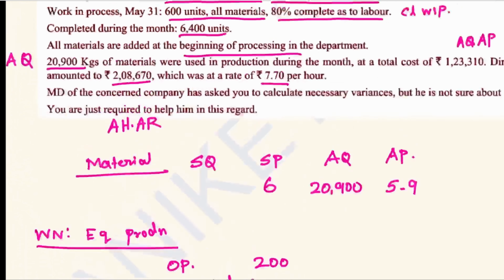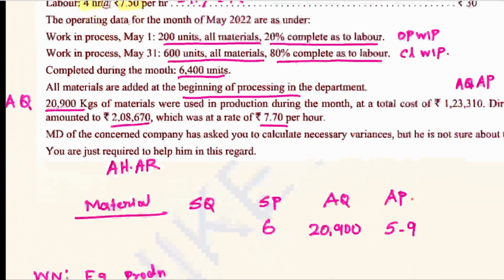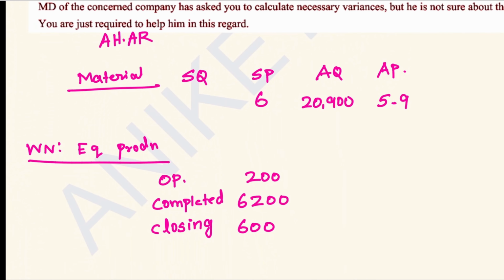And what is the percentage of completion? Opening WIP all material. That means 100% is already completed. The meaning is in this processing, there is nothing to be completed on material. This goes to your process accounting. Same logic. If an opening material was 50 or 40% completed, then in this process I will complete the remaining, which is 100%.